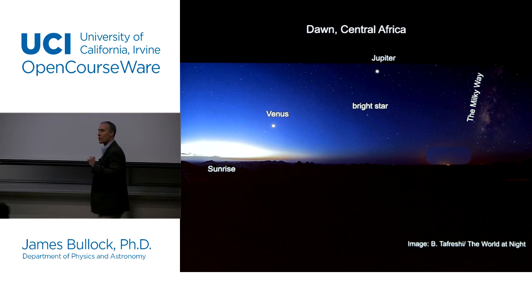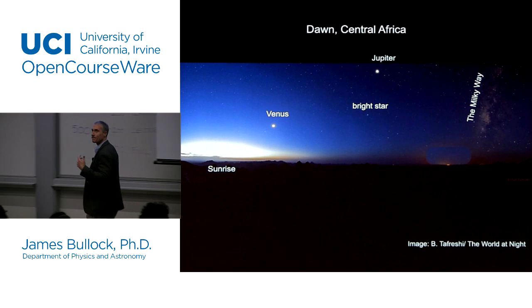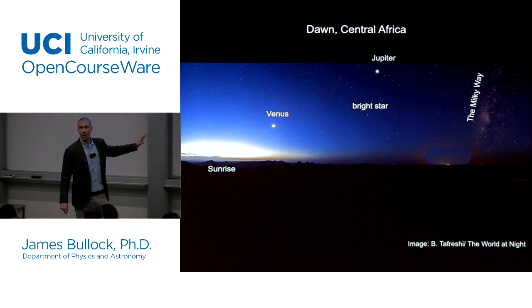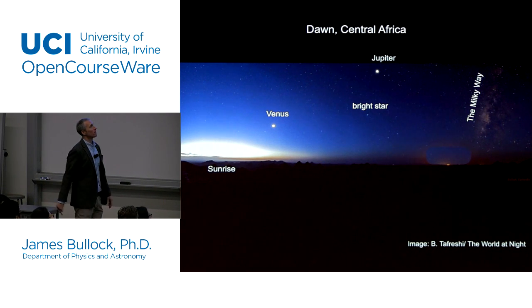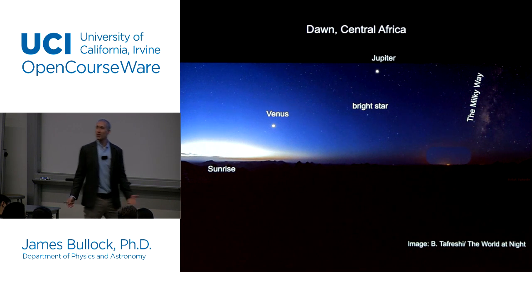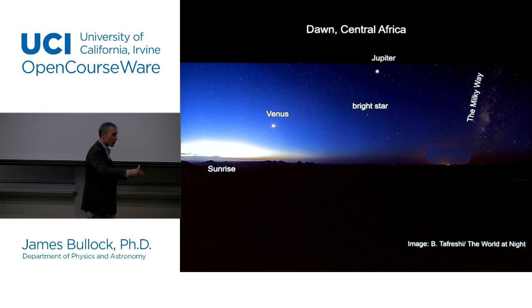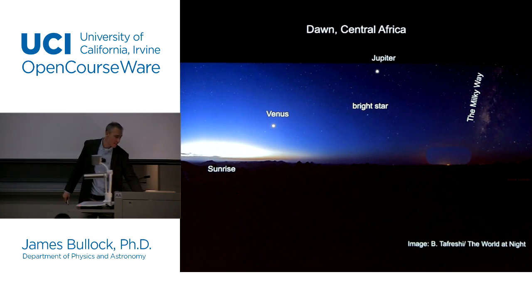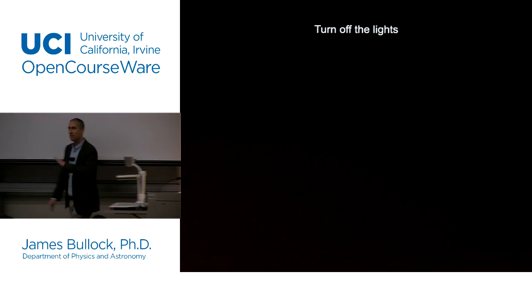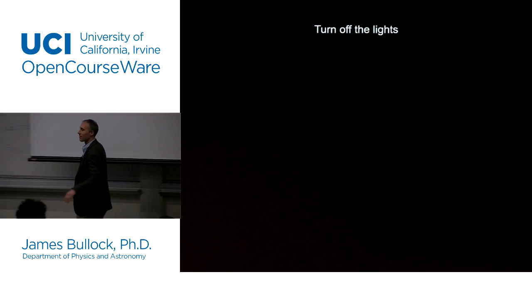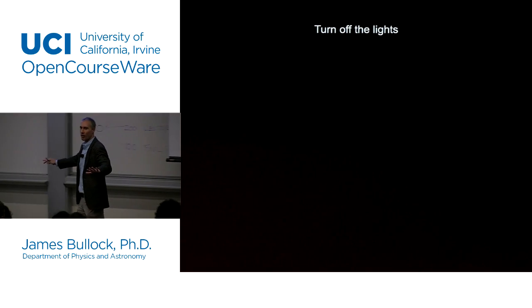So let's go back to this picture and get a sense of that. Imagine you're out at dawn in Central Africa. We're looking at this image. And now suddenly, someone magical, God, comes along and throws a switch. Turns all the lights in the universe out. Boom. God is omnipotent. All lights go out instantaneously.